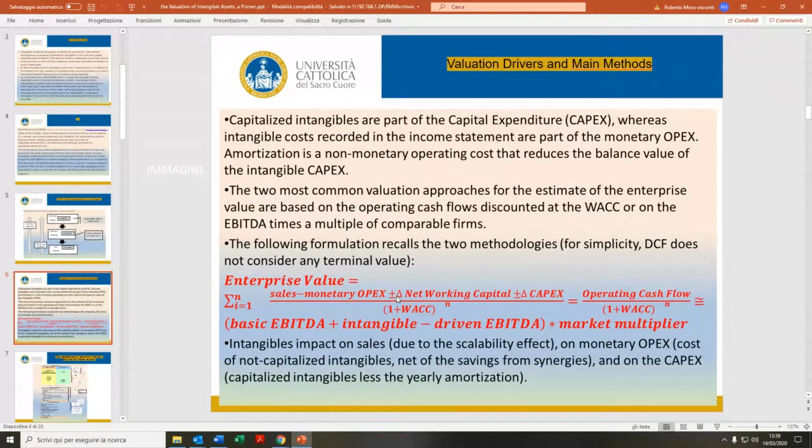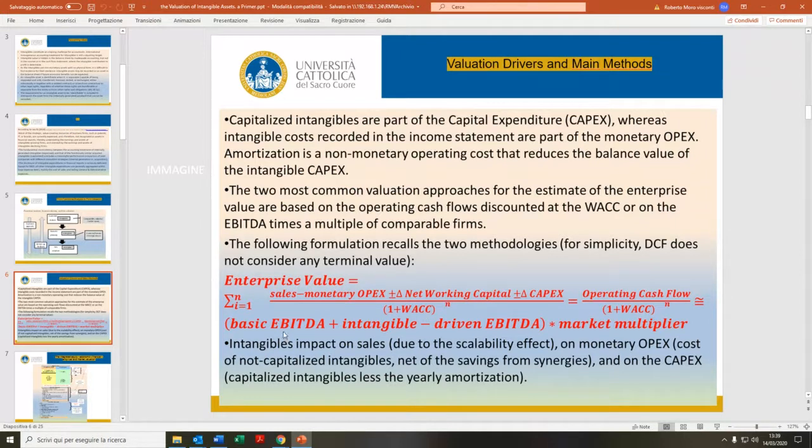Then I have to consider a change in the net working capital, in the net operating working capital. The working capital is given by the sum of the stock plus accounts receivable less accounts payable, and then I sum up the increase, if it is an increase, of the capex, of the capital expenditure. All this numerator of the ratio gives the operating cash flow that is going to be discounted accordingly with the weighted average cost of capital.